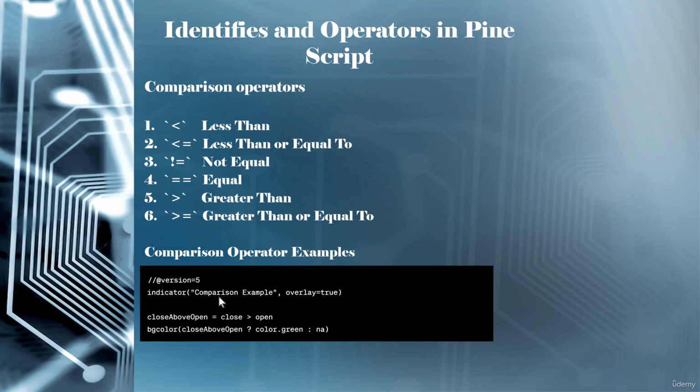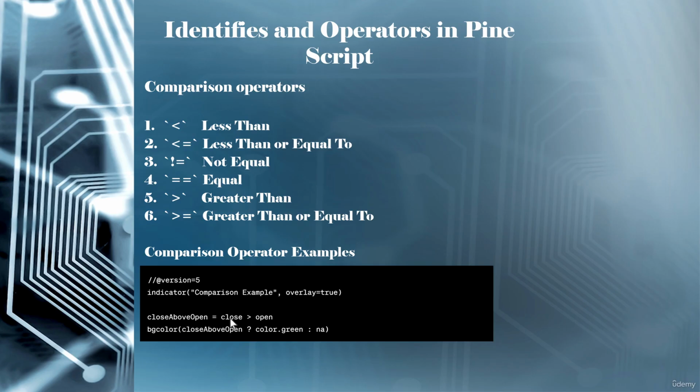Now let's review an example of a comparison operator and how it can be used. In this example, we assign to the variable close above open the result of the comparison operator greater than between variable close and open.